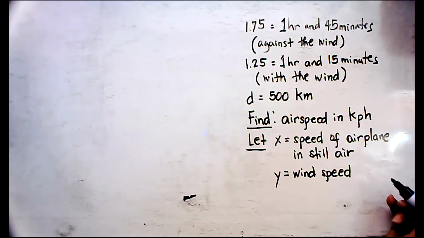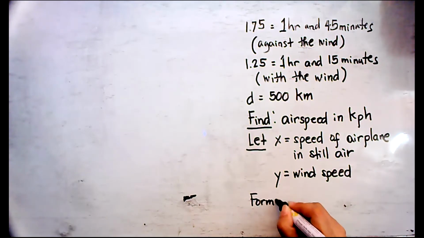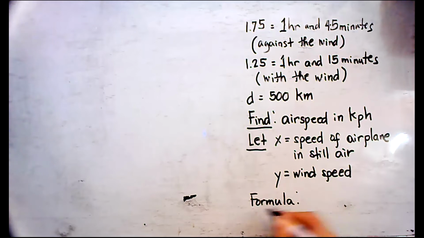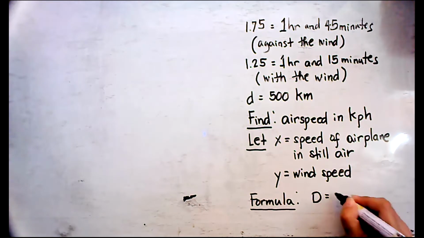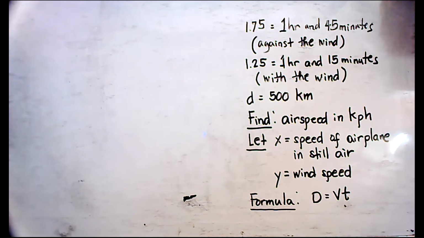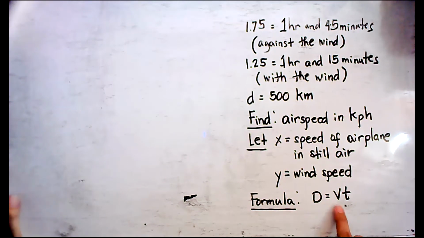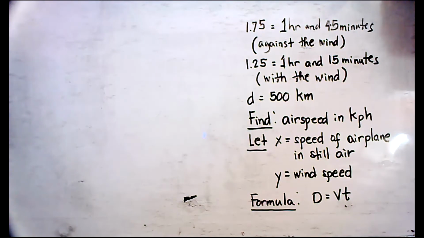And aside from that, we can use the formula for distance. According to the formula, distance is simply equals to velocity times time, wherein d is the distance, v is the velocity, t is the time.